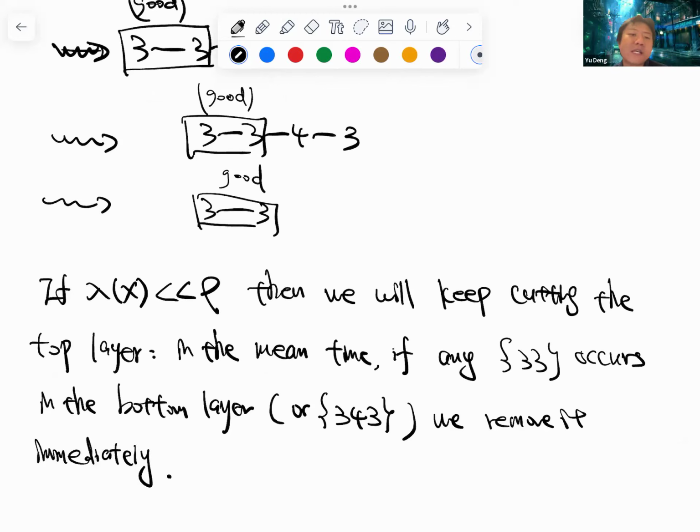It turns out that in this way, until we apply this dichotomy, this different algorithm, we can get enough good components.